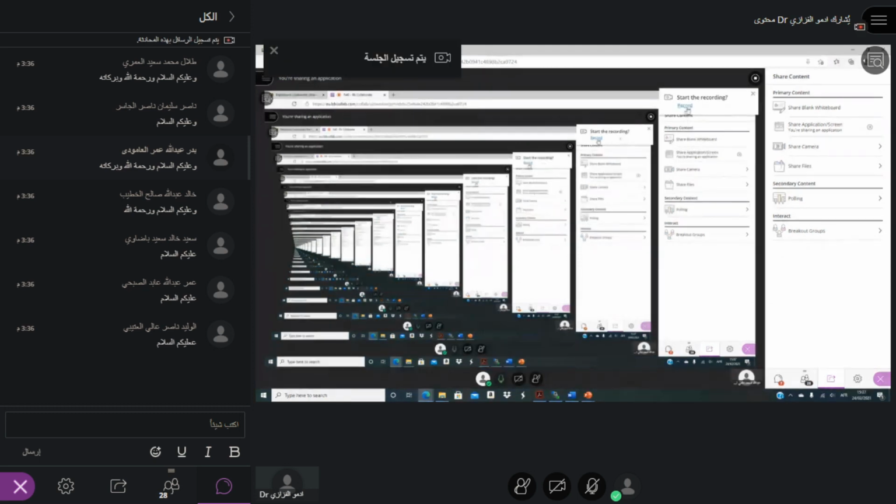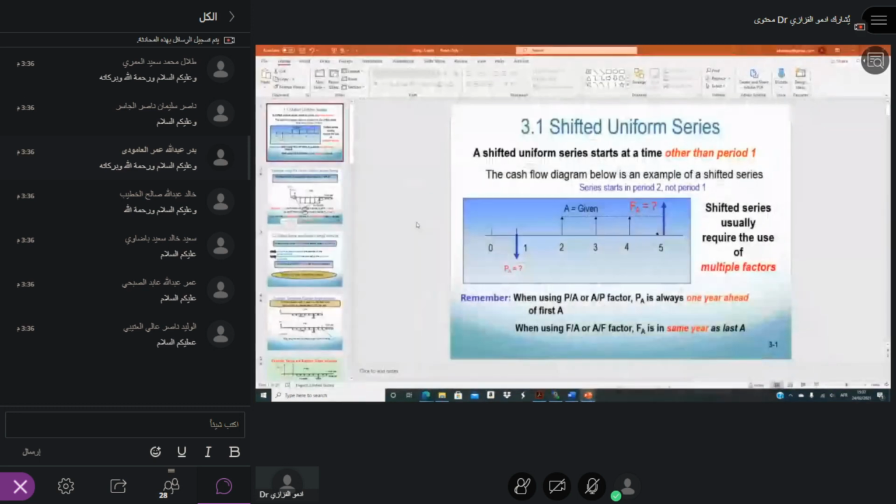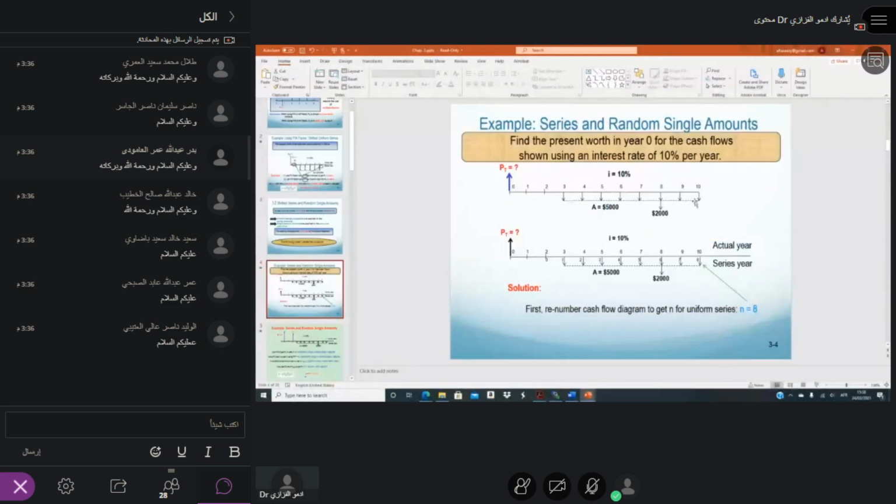Last class we discussed shifted uniform series, and we saw how you can use it for calculation. Then we looked at a scenario where you have the uniform series shifted and a single amount in between. All of these amounts are uniform because they are the same: 5,000, 5,000, 5,000.